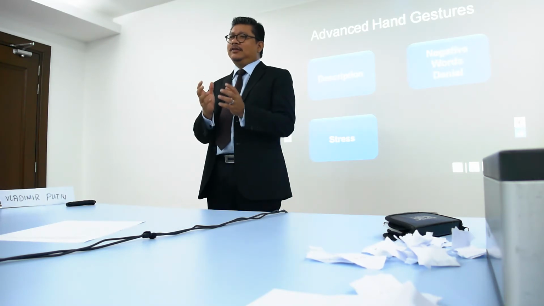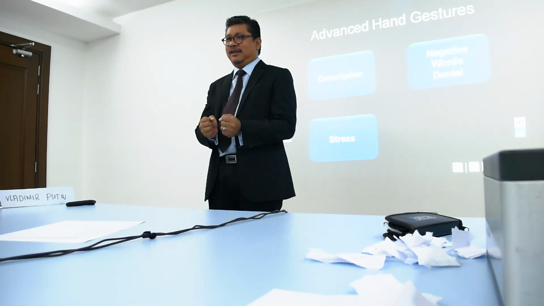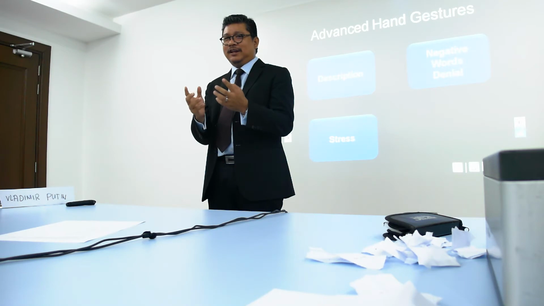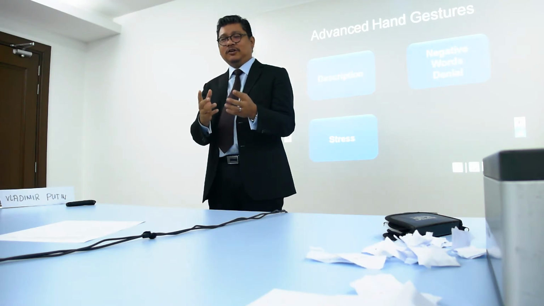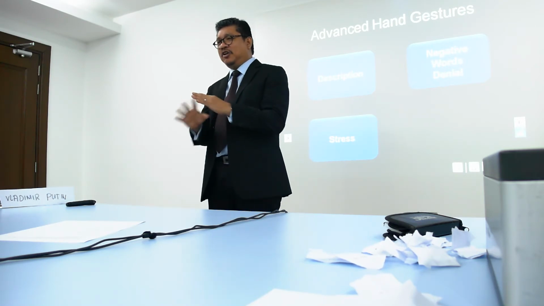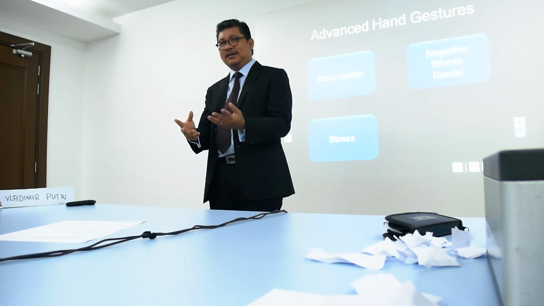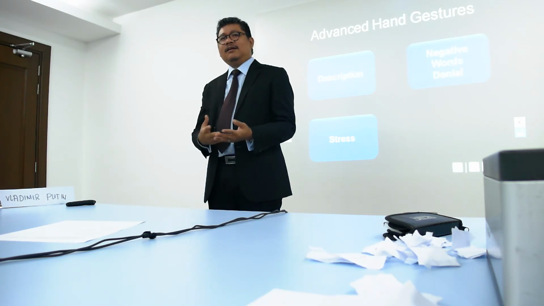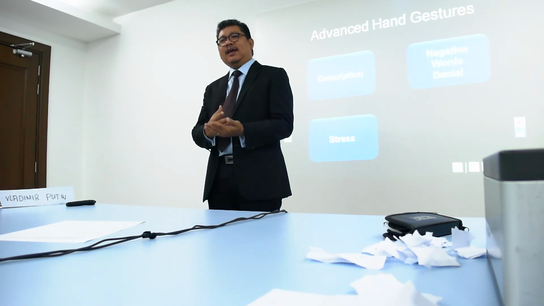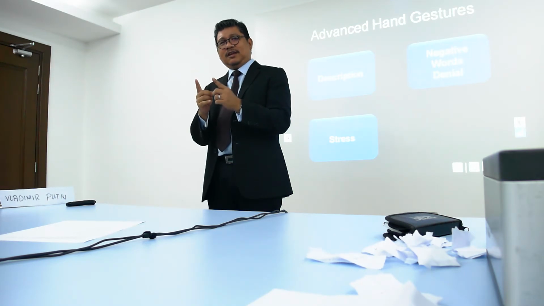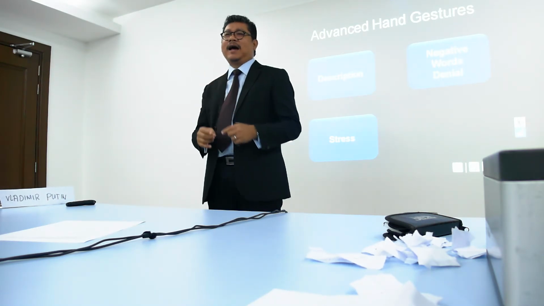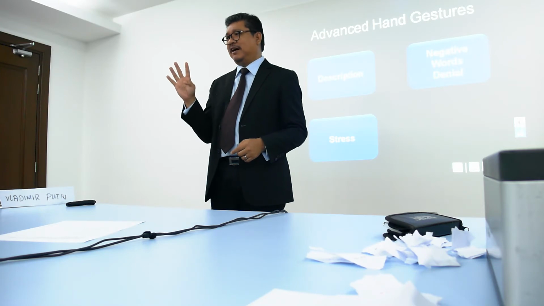Now, you need to apply a variety of gestures and meaningful gestures so that the audience continue to focus on you, pay attention to you, and they are not bored with your presentation. So if you want to apply a variety and meaningful gestures, then you need to apply the 4 elements of advanced gestures.